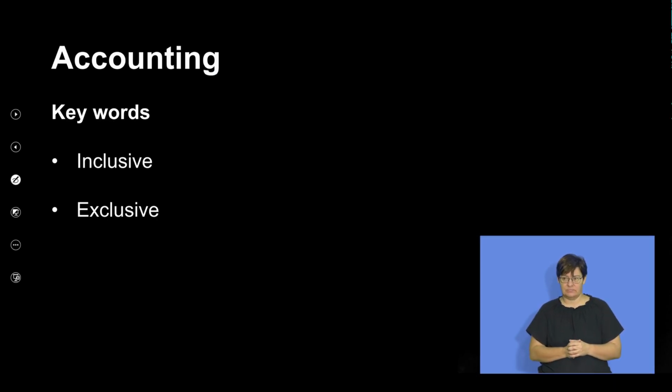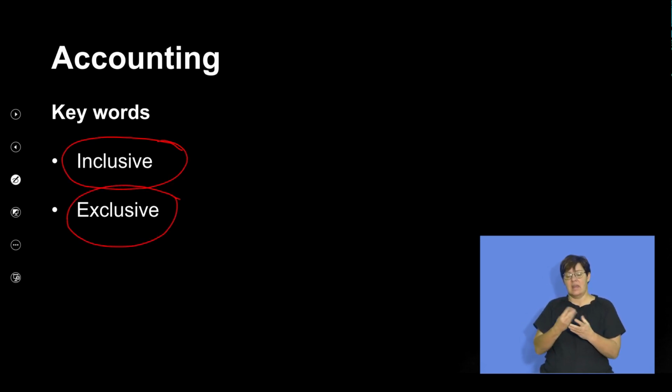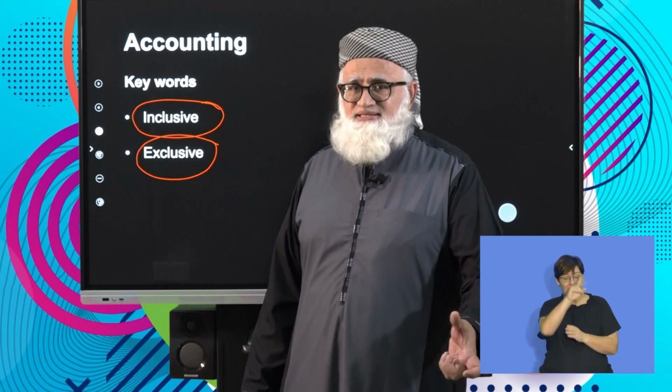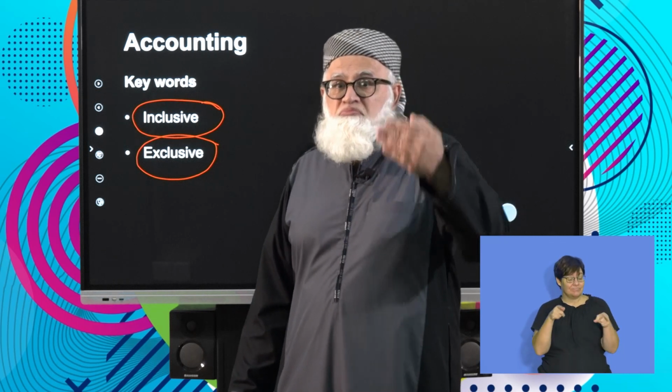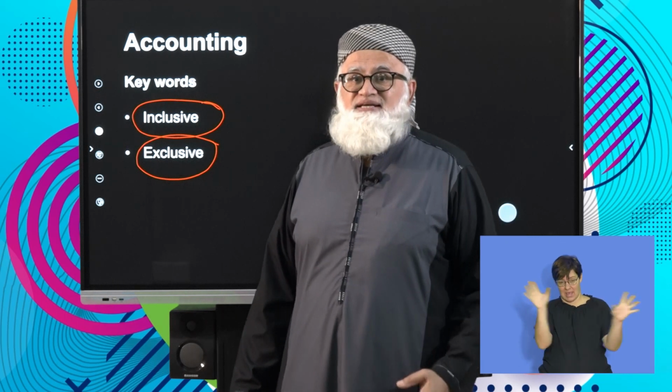Okay, now we come to inclusive and exclusive. What are we talking about here? Basically, when you're dealing with the price of an item, you say it either includes the VAT or it excludes the VAT. Now, here are certain permutations that you must know when you're doing VAT calculations.